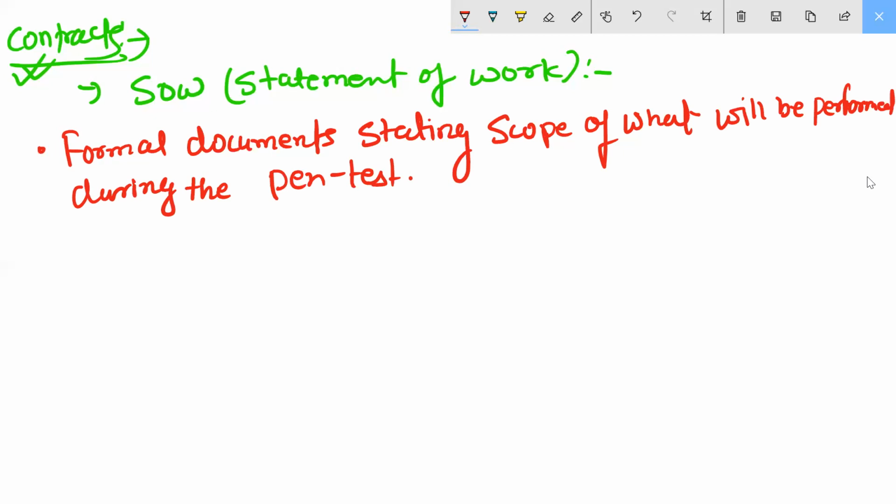That document you have to sign, and inside the document you have to write everything. That part is coming in SOW.